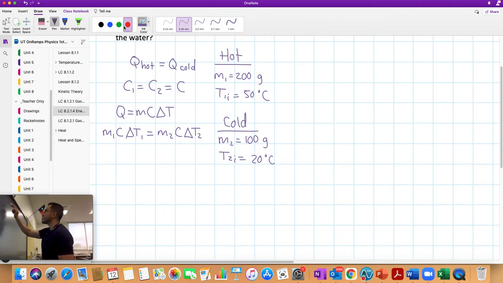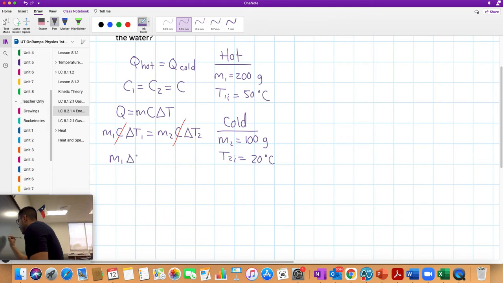Notice how we can cancel specific heat. So now we have mass 1 times delta T1 equals mass 2 times delta T2. And the rest is algebra.